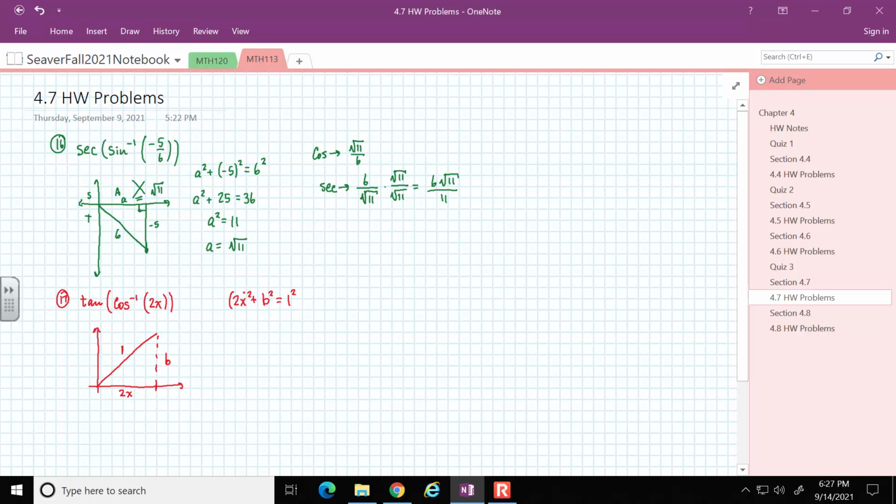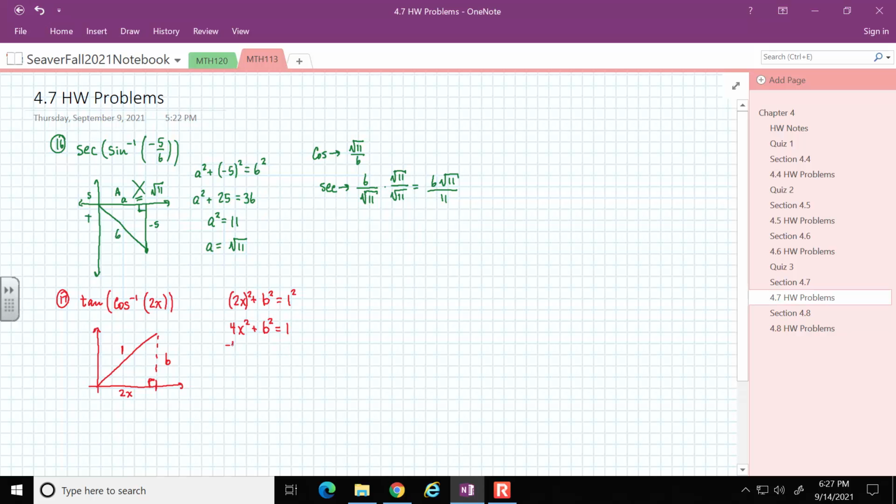And by the way, that is quantity 2x. Oh, that would have been bad. So that whole 2x is being squared by the Pythagorean theorem. So when I square that, I get 4x squared plus b squared equals 1 squared. So, or just 1. I don't need to write squared anymore.